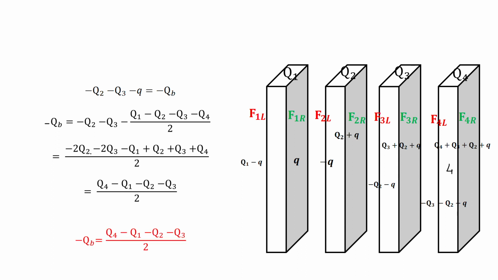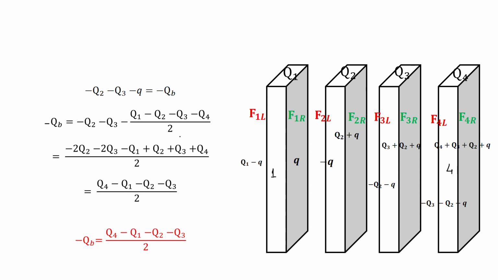Now notice again that on the first plate, the small q was the charge which was initially given to it, that is q1 on plate 1, and all the other charges were subtracted, divided by 2.